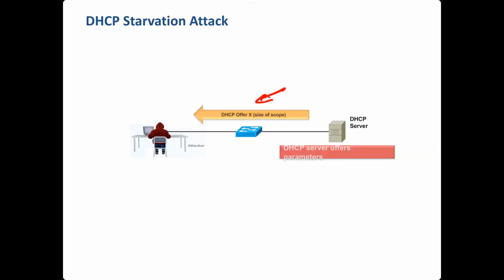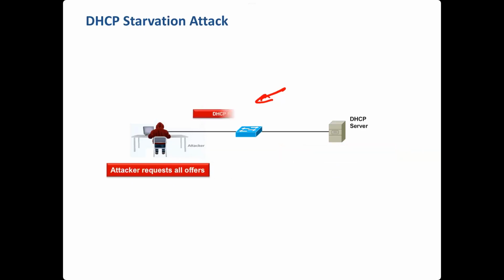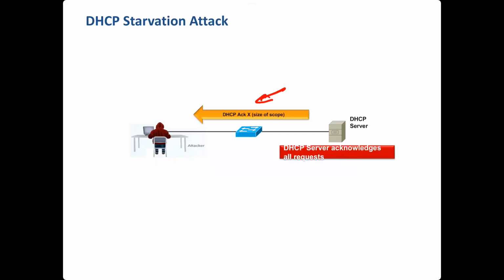The DHCP server will respond with an offer, with a set of parameters, and the attacker will say, okay, give me all. So it requests all offers, and the server will grant them. As a result, the attacker gets all IP addresses, and all the new machines that join later get nothing.